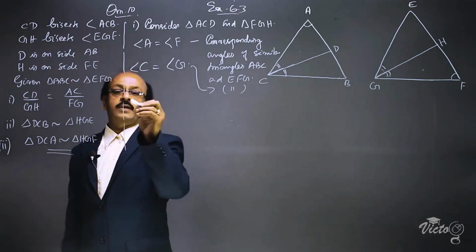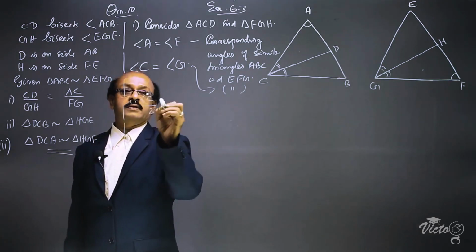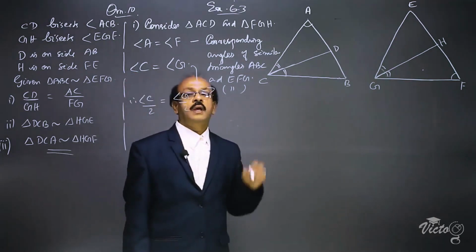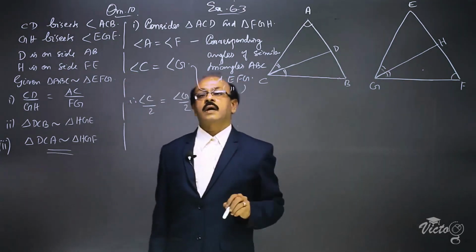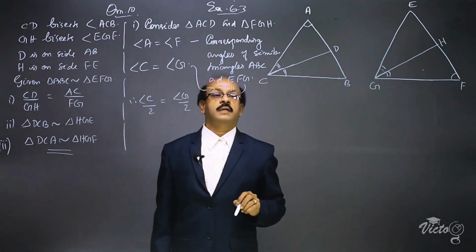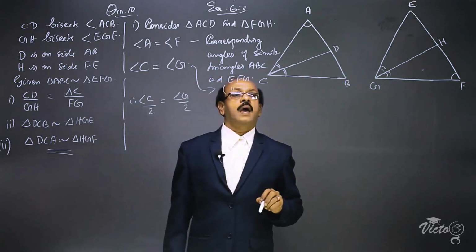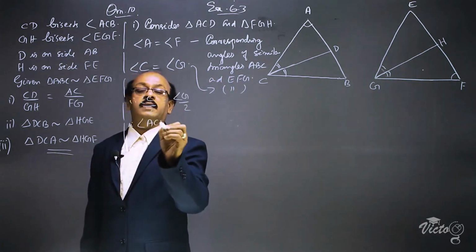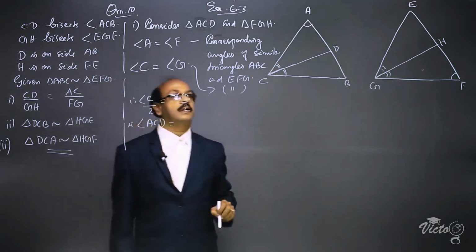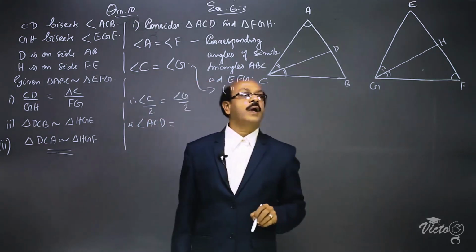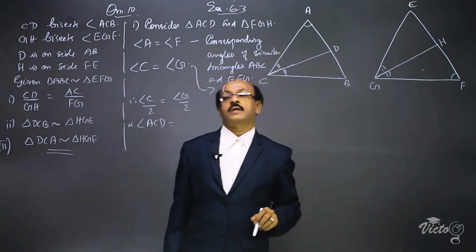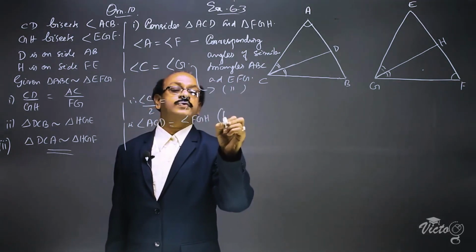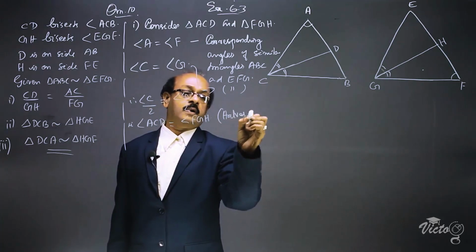Therefore, angle C by 2 is equal to angle G by 2. If C and G are equal, then halves of equal angles are also equal. That is, half of C is angle ACD, which is equal to half of angle G, which is angle FGH.